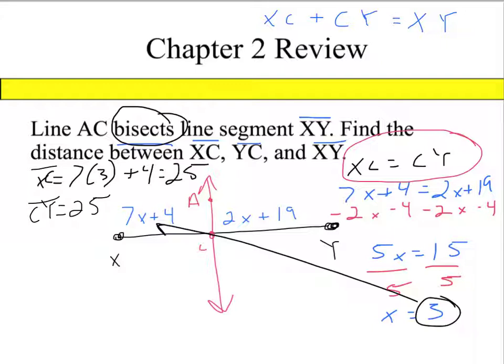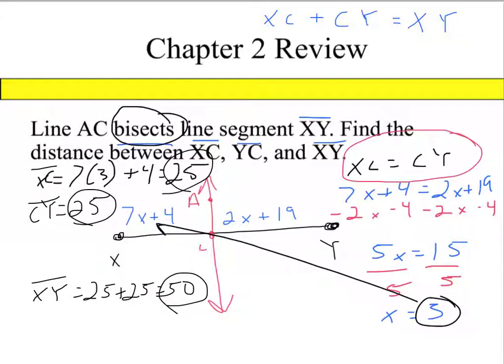So if XC and CY are 25, XY is those added together, and it's going to be 50. And I'm done. So I found XC, which is 25, CY, which was also 25, and XY, which is 50. Answer the entire question. Don't just stop. Make sure you answer the question.